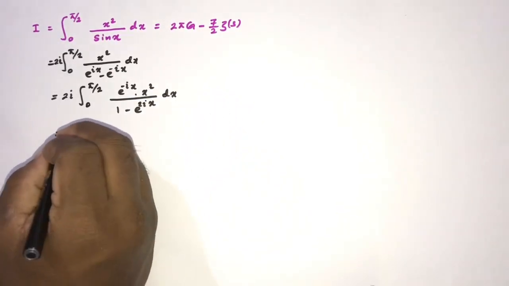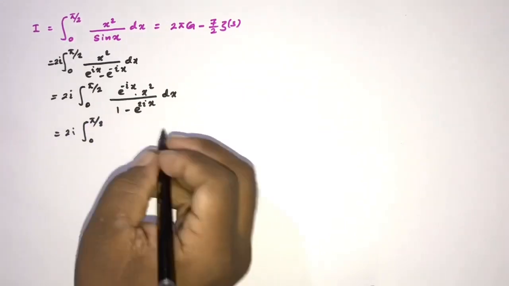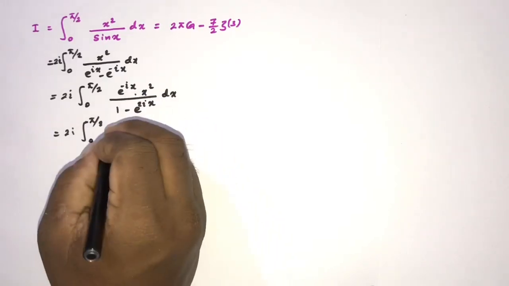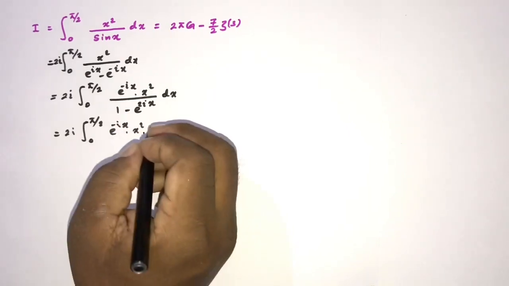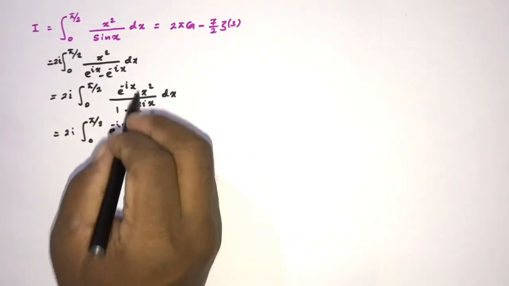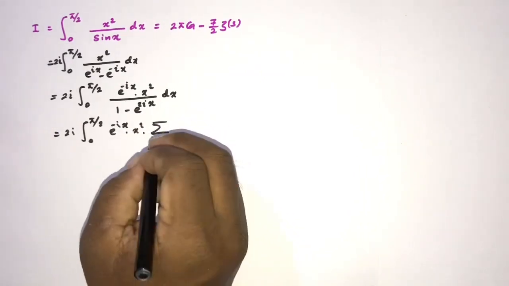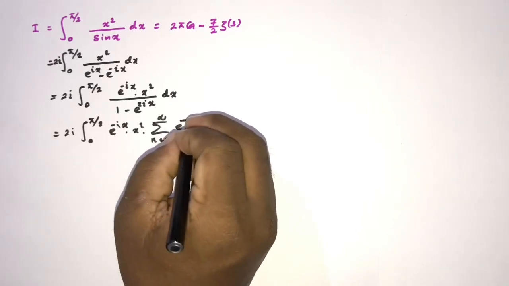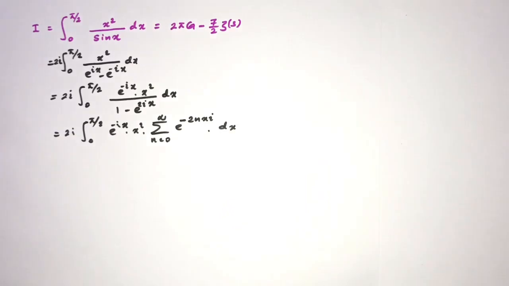Then as a next step we can use the geometric series for 1 over 1 minus e to the 2ix. So here we have e to the minus ix times x squared. Now the geometric representation of 1 over 1 minus e to the 2ix is the infinite sum from 0 to infinity of e to the 2nix, and here we have dx.